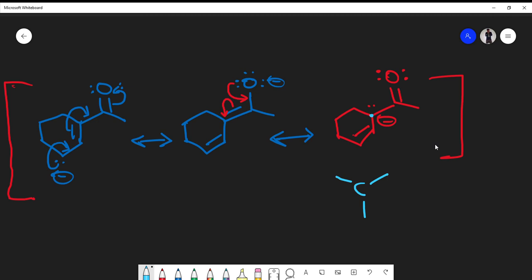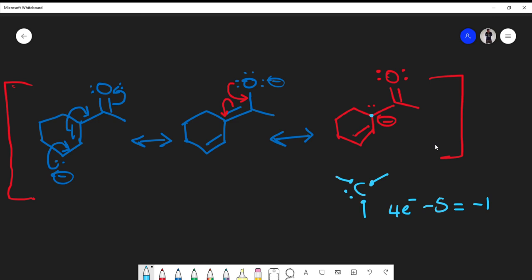Now I have a lone pair on the carbon. If we do a formal charge, carbon from the periodic table has 4 valence electrons. If we take the total number of electrons pertaining to the carbon, which is 1, 2, 3, 4, 5, this is 4 minus 5, and that's -1.